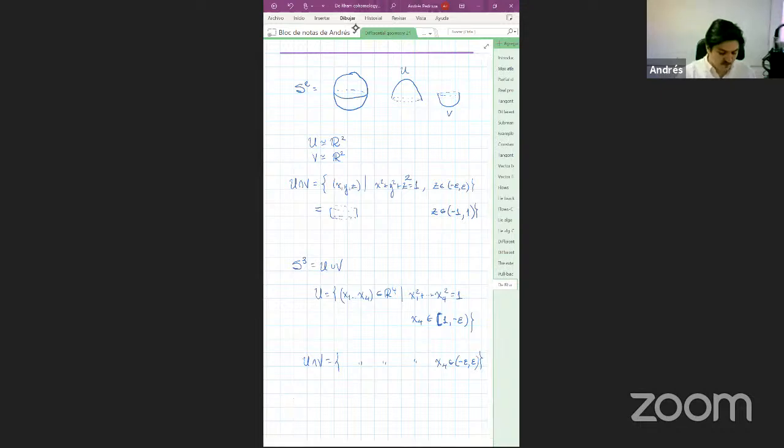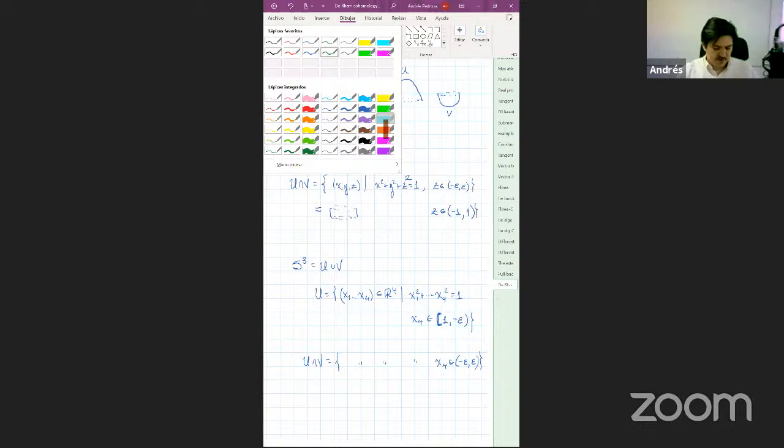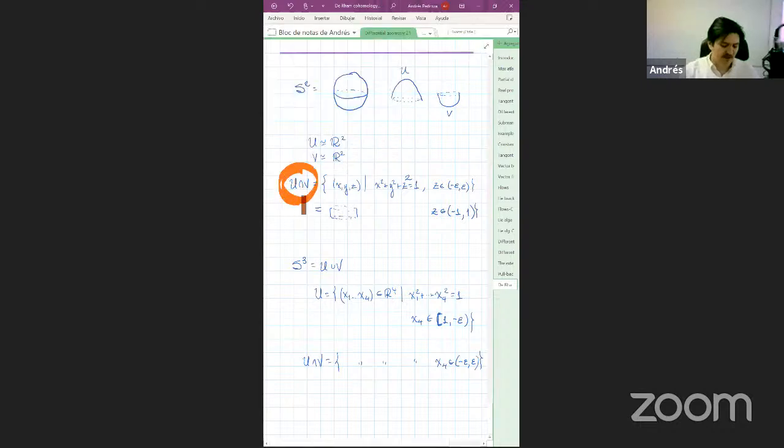So we still need more theory to compute the cohomology of the sphere, but we are almost there. So we need to justify why the cohomology of this is the same as the cohomology of the circle.